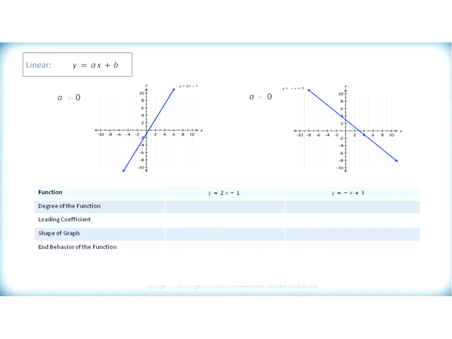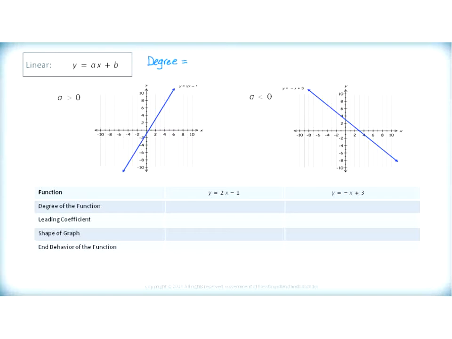To begin, let's look at the linear function, which is of the form y equals ax plus b. We will examine linear functions when the leading coefficient a is greater than 0 and when the leading coefficient a is less than 0. Note that for all linear functions, the degree of the polynomial is the highest power of x in the function.